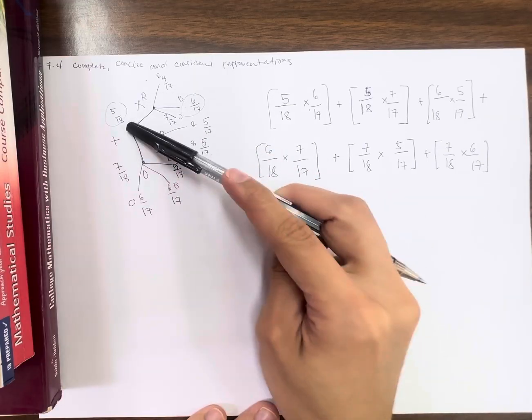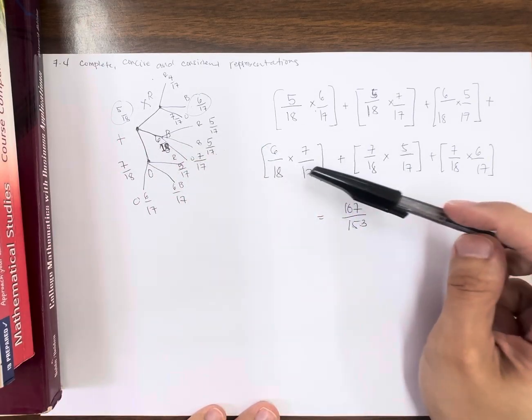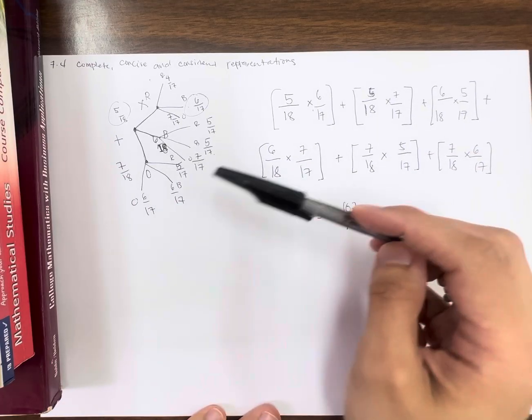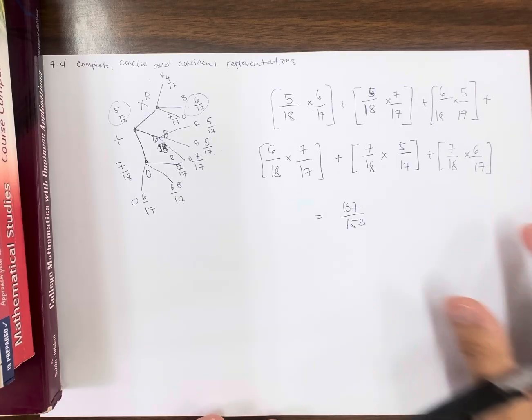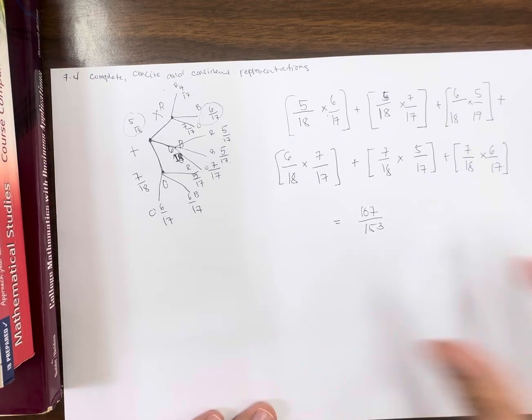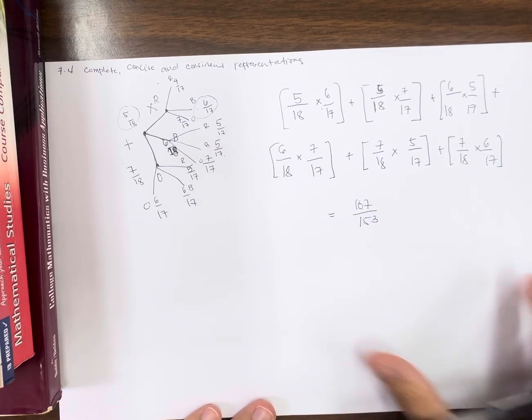Basically, the ones wherein you get the same color on both tries, you would multiply and add accordingly and then subtract that from 1. Okay, so again, your book gives you a more detailed explanation. I will not get into that because it's basically the same thing. But this is how you would construct and understand a tree diagram.